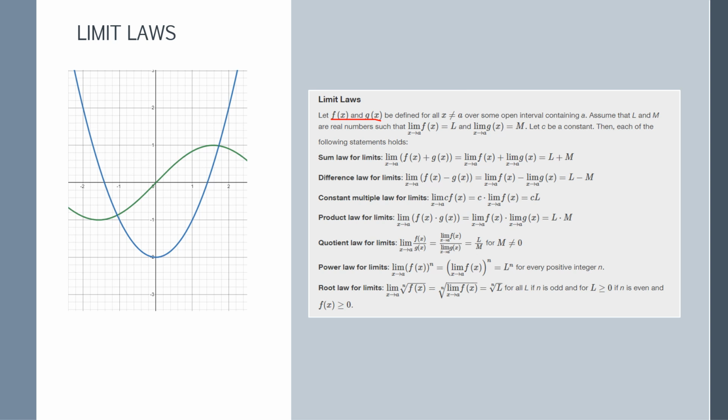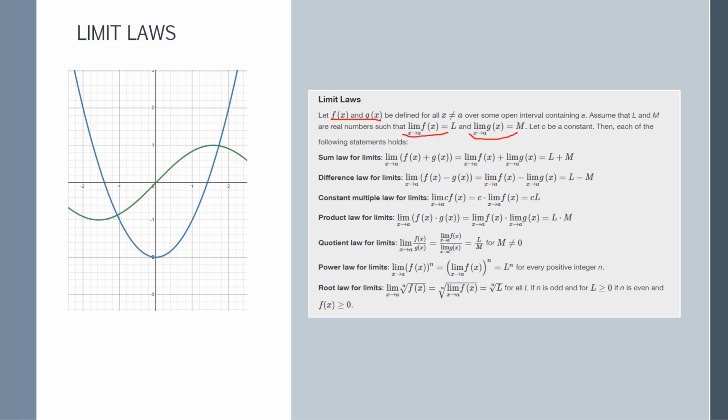Okay, and suppose the limits for each individual function exist, right? So here is the limit of f as x goes to a, and that's equal to some number L, and then the limit of g as x goes to a, and that's equal to some number M. Okay, and c is a constant. That is the notation that's commonly used in this course. Then we can establish the following rules.